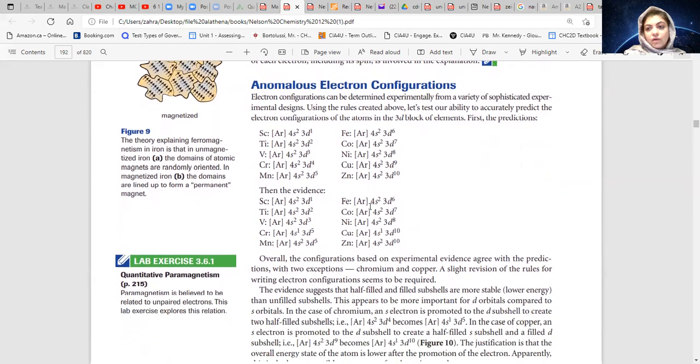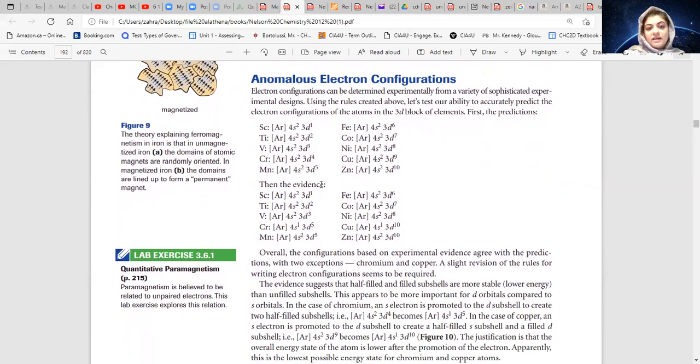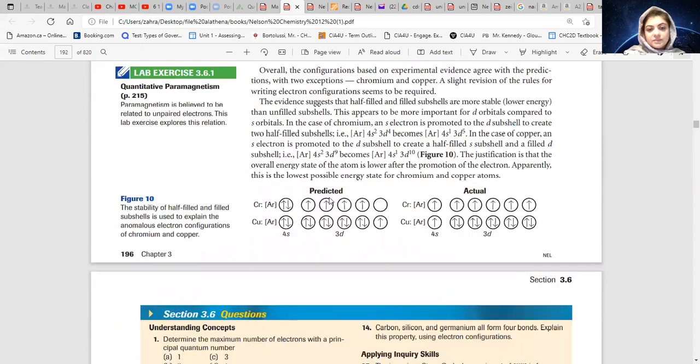The next slide is anomalous electron configurations. So what are the anomalies? Looking at Cr, normally we do it like that. But if you see, this d orbital just needs 1 electron to be half filled. Half filled is very stable, and nature always wants to be stable.